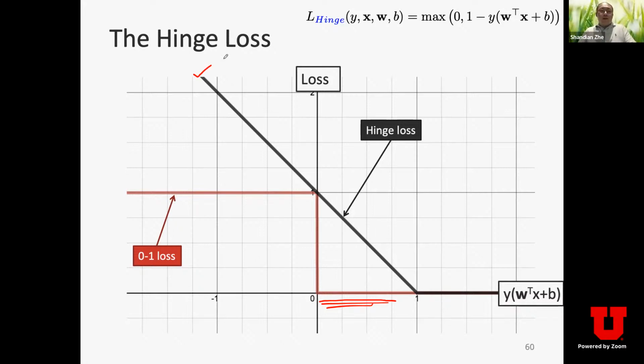Actually, hinge loss is an upper bound of the 0-1 loss. In computational learning theory, people are interested in developing upper bounds of the 0-1 loss. They treat 0-1 loss as a kind of golden standard, but it's very hard to optimize, so you want to develop surrogates. And if you want to minimize something, the surrogate is better to be an upper bound.